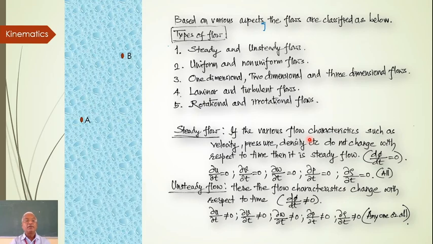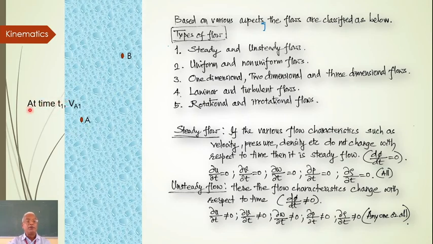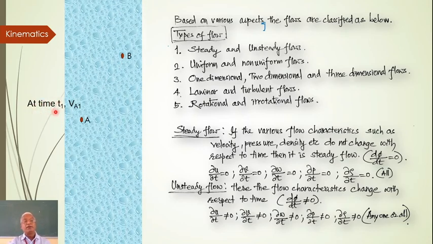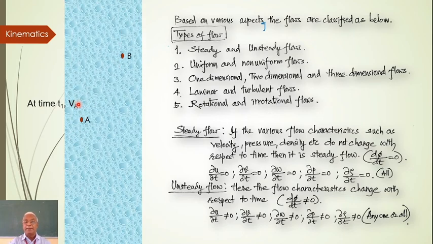Okay. Now suppose the flow is occurring and I have points of reference A and B. When I consider A and B, there are 2 points in space. But for defining steady, I'll talk now about only 1 point. Let us say at time t1 the velocity is VA1. You can assume some values for this. For example, now the time is, let us say, 12 o'clock. At 12 o'clock the velocity is 5 meters per second, let us say, right?